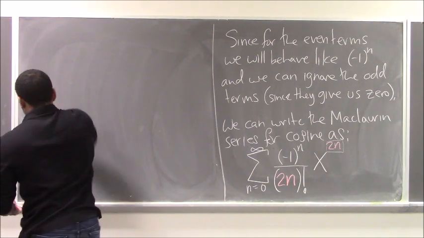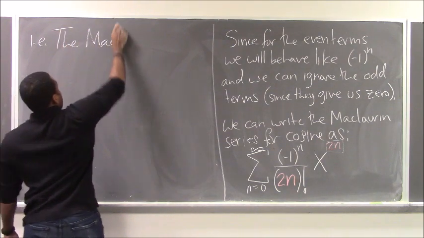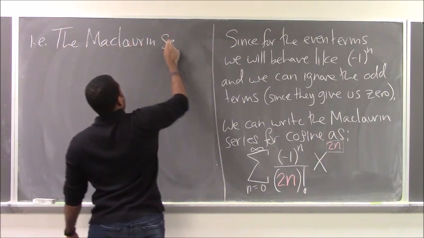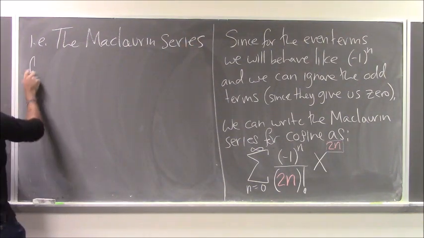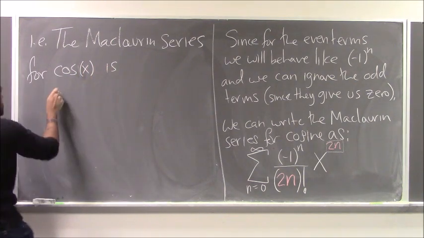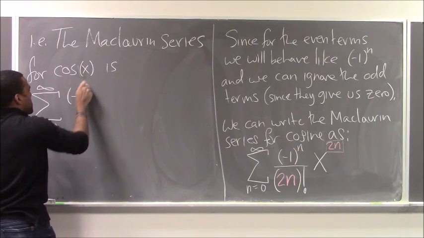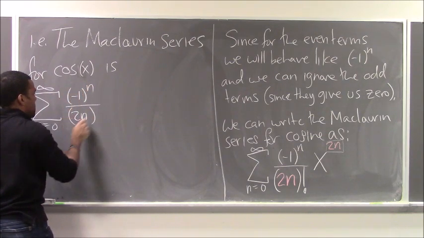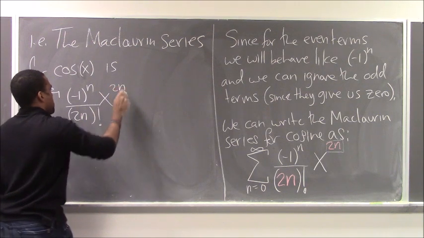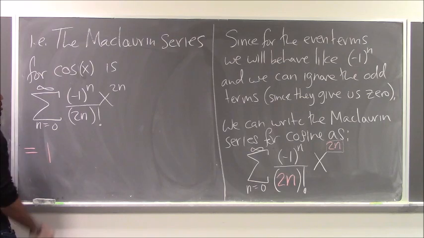And I can write it out so you can see it. If you were to write this out, what it would look like, if I plug in n equals 0, I would get 1.